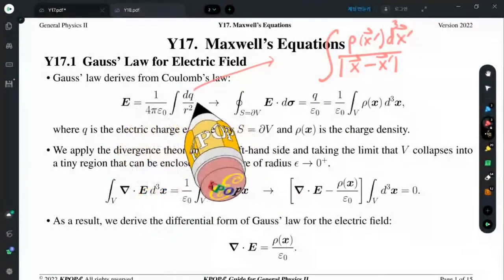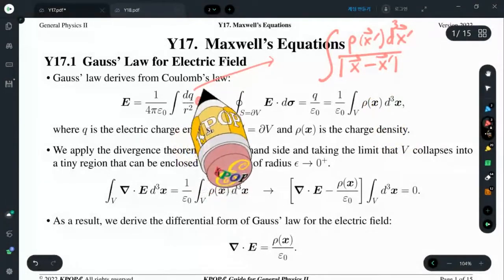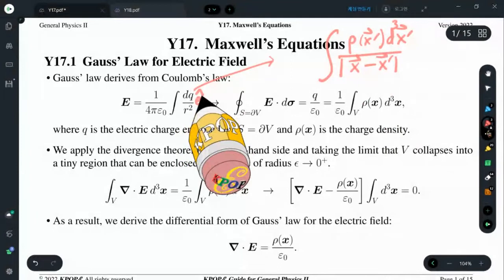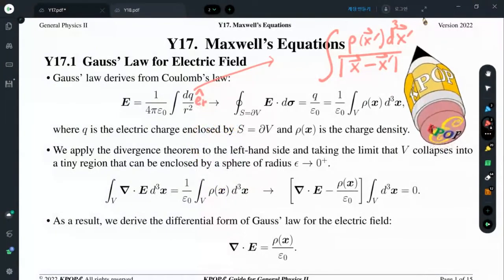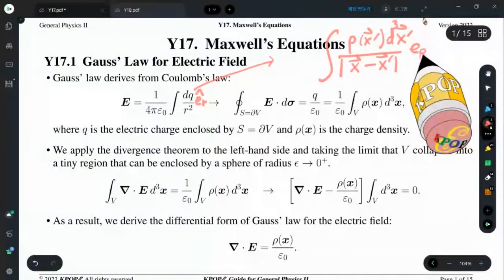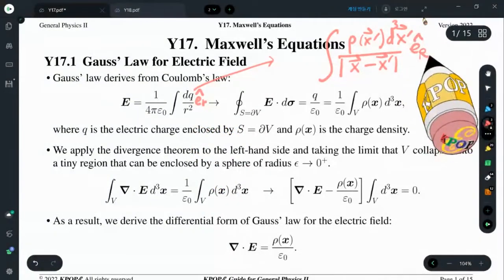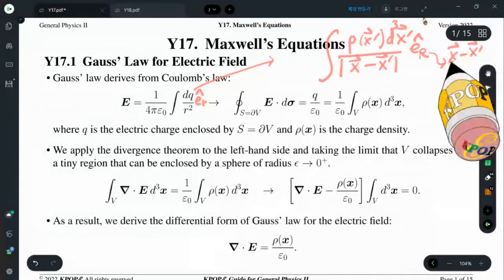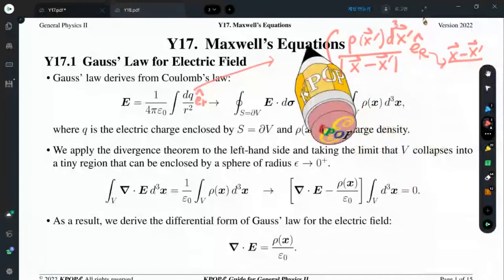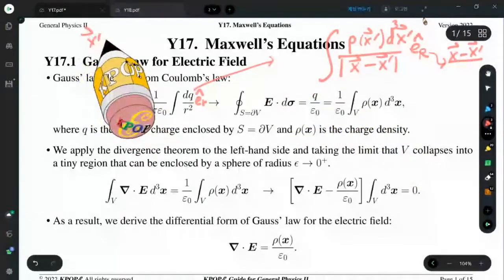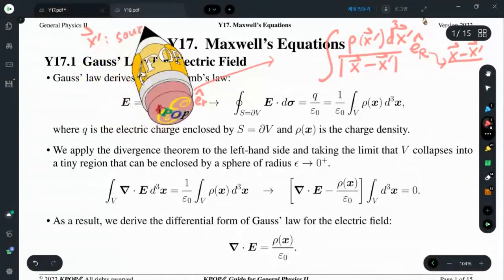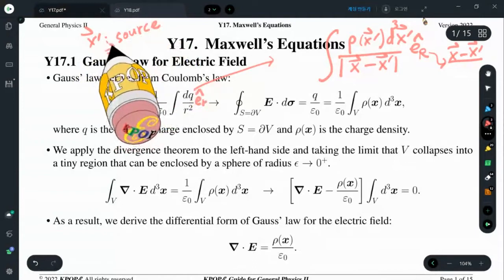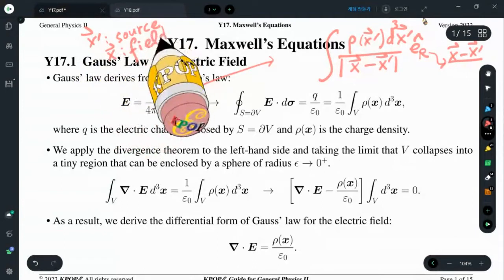This is the electric field, so it is not only charge, and we have to multiply the unit vector. And this unit vector is R hat, and this one is actually the displacement. x prime is the position of the source charged particle, and x is the field point.